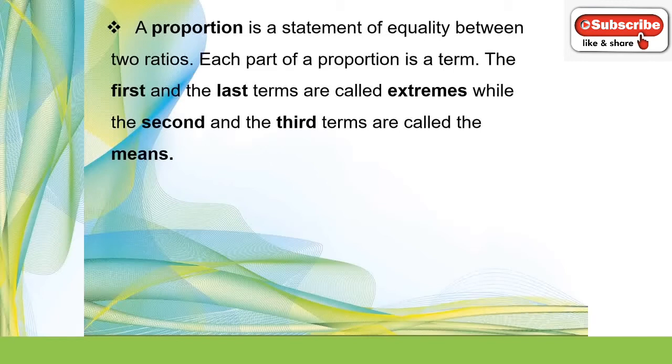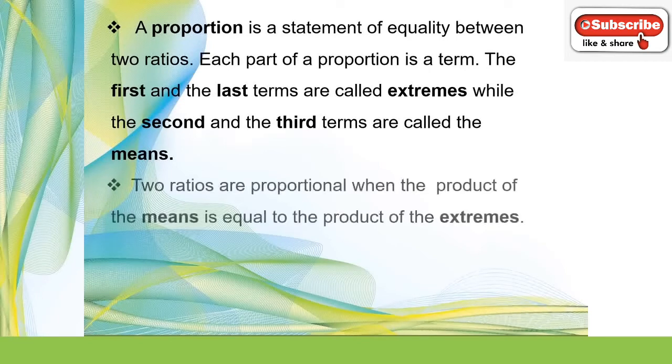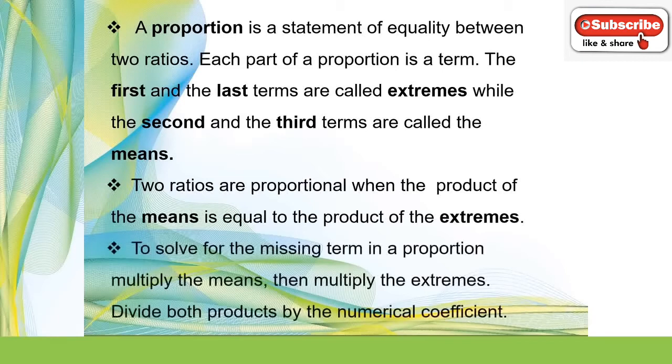The first and the last terms are called extremes, while the second and the third terms are called the means. Two ratios are proportional when the product of the means is equal to the product of the extremes. To solve for the missing term in a proportion, multiply the means, then multiply the extremes. Divide both products by the numerical coefficient.